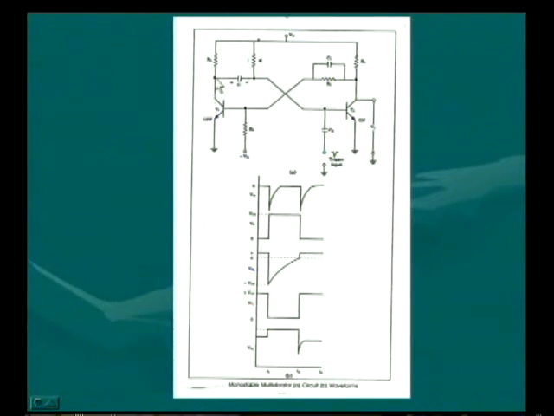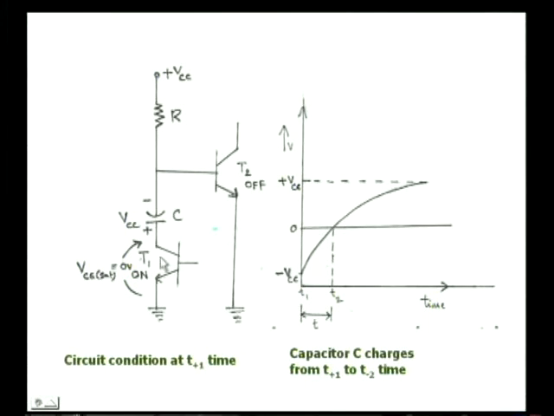With T1 on, the voltage available at this point will be 0. So now the capacitor which is previously charged to plus VCC with this polarity can be connected to the ground, with the plus polarity of the capacitor effectively connected to the ground through this on transistor T1. So now T2 is off, T1 is on.